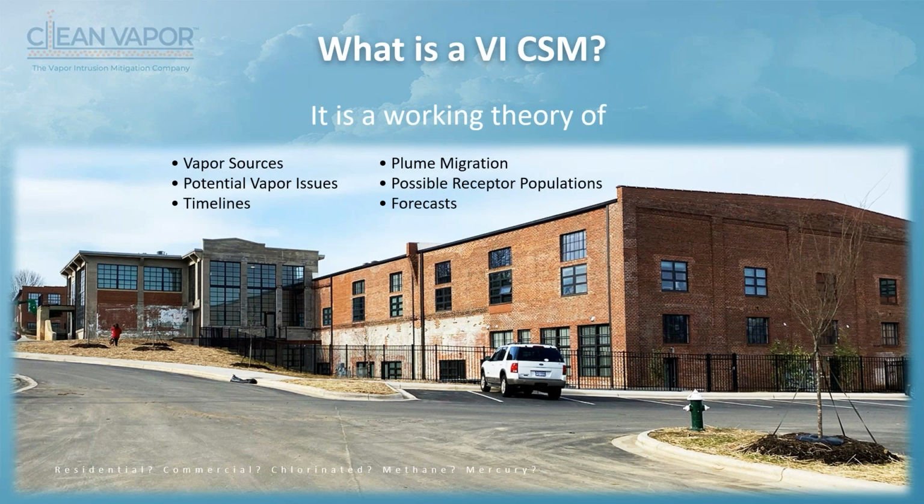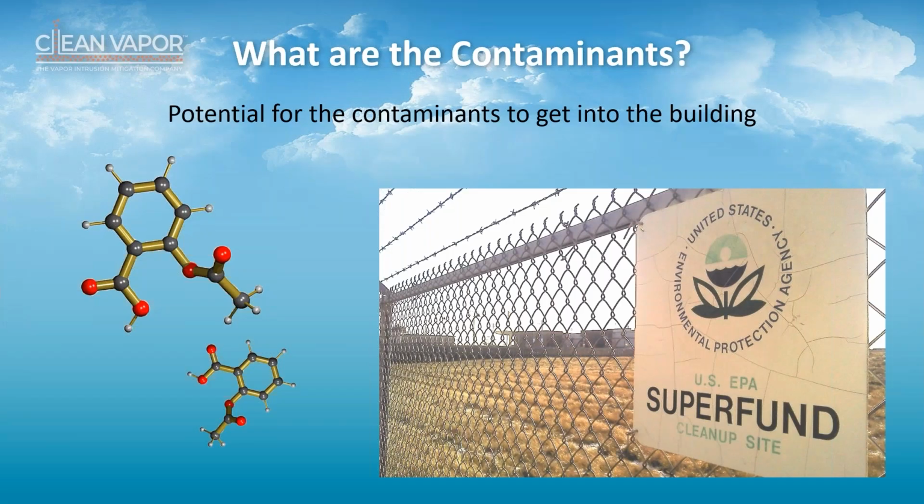Where are they in the groundwater? Where is there a plume that's moving in a particular direction? And what type of protection do we need to prescribe or recommend for this particular building to make sure that occupants aren't impacted? What are the particular chemicals that are in the ground?